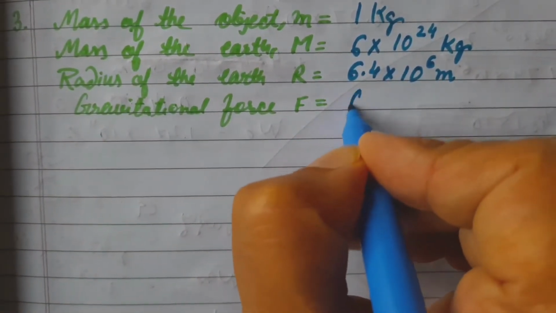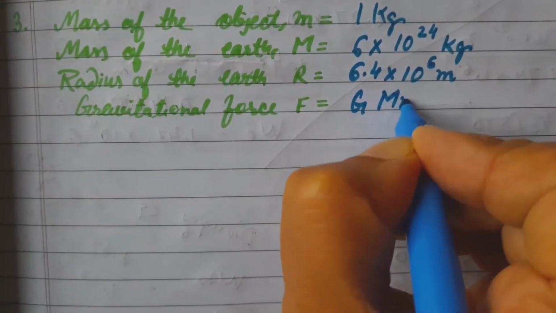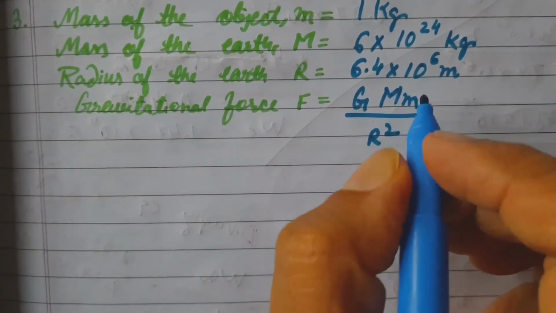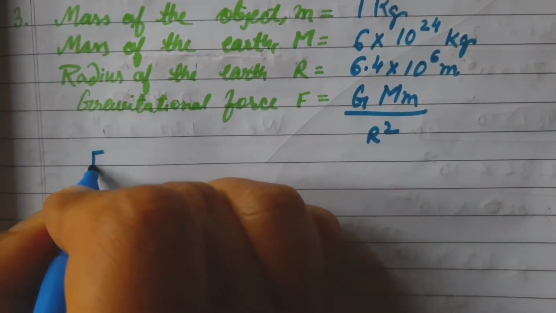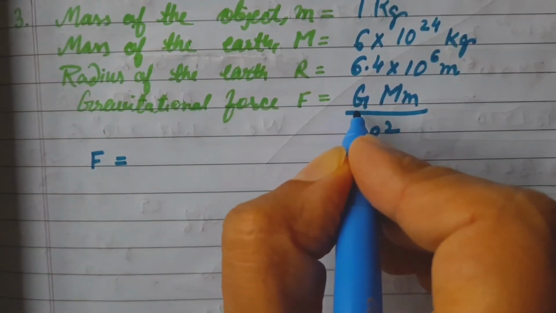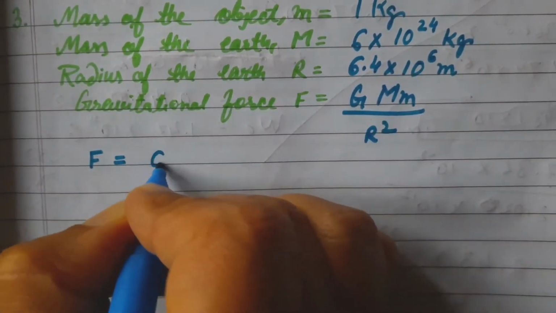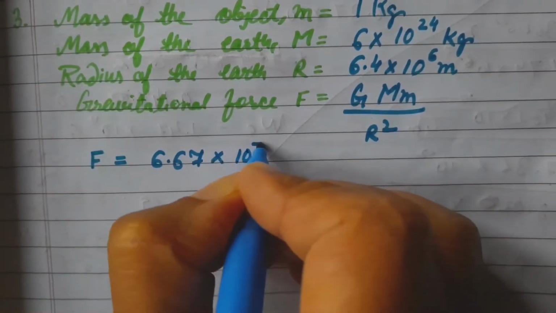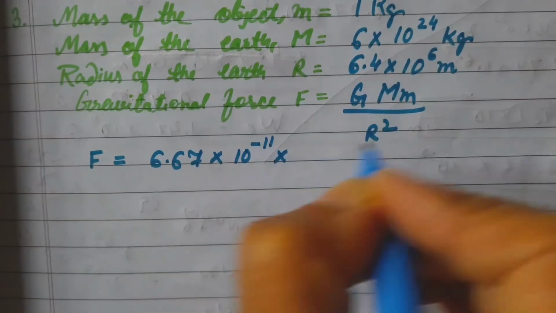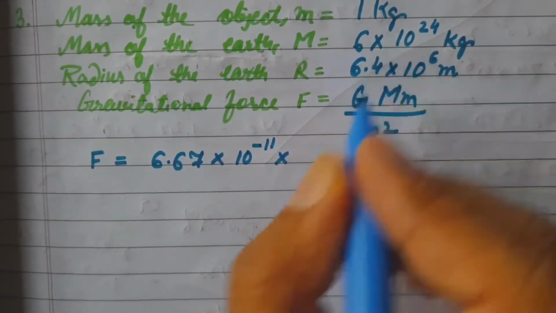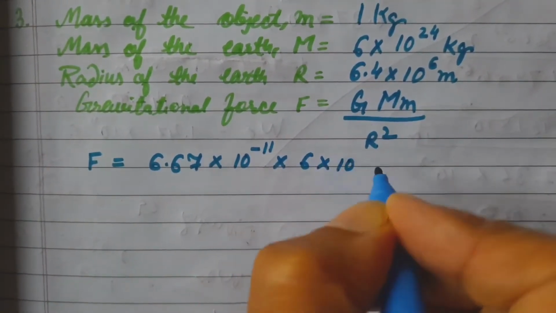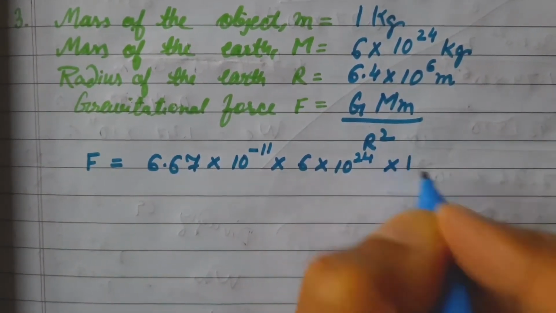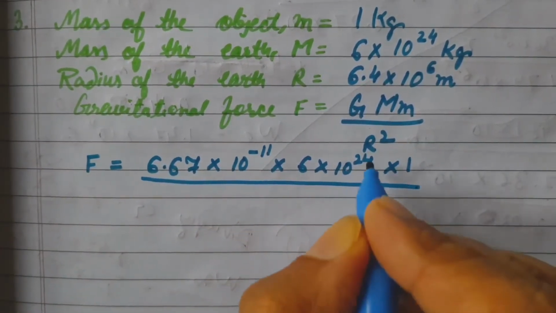As we know, F is G M m upon r square. Let us fill the values. Value of the universal gravitational constant is 6.67 into 10 to the power minus 11, into mass of the earth 6 into 10 to the power 24, into mass of the object 1 kg, upon R square.